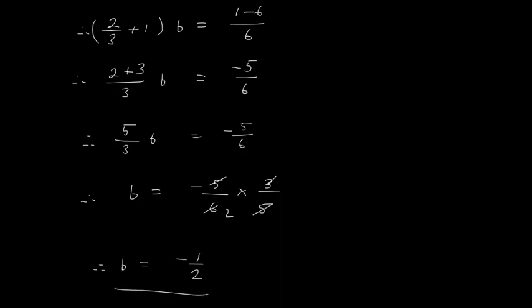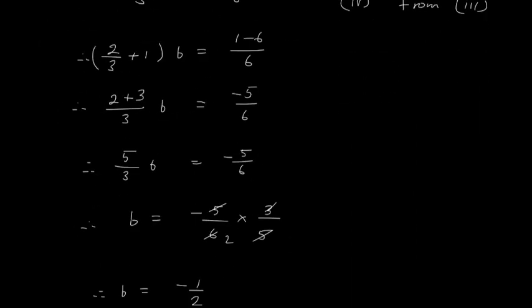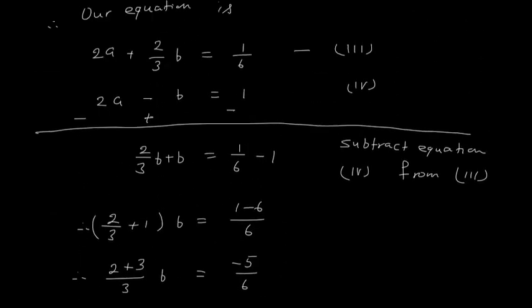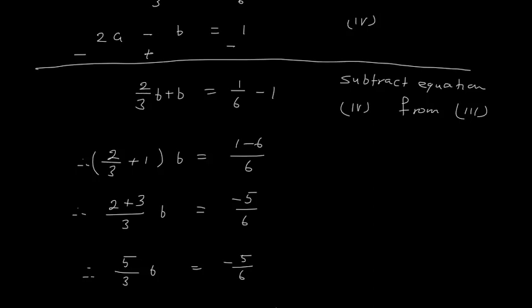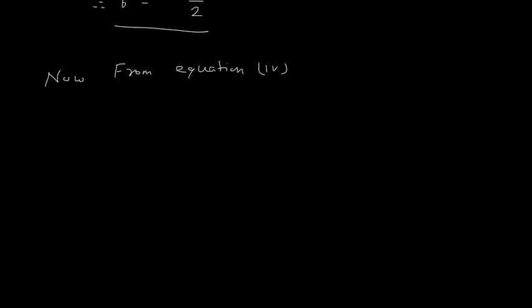Now I have to find the value of a. So I will put this in any of the equations. So from equation 4, in equation 4 we see that 2a minus b is equal to 1.